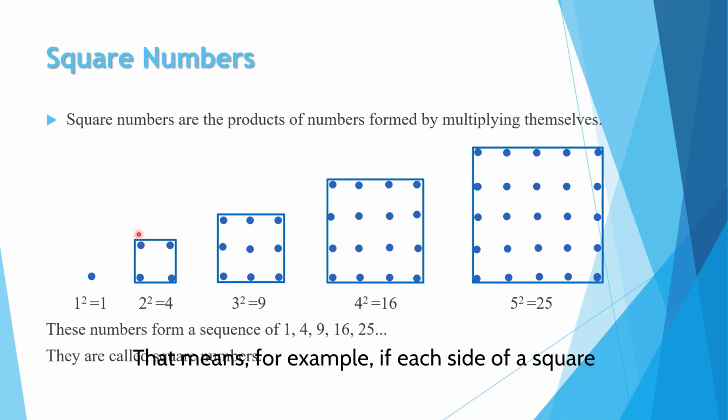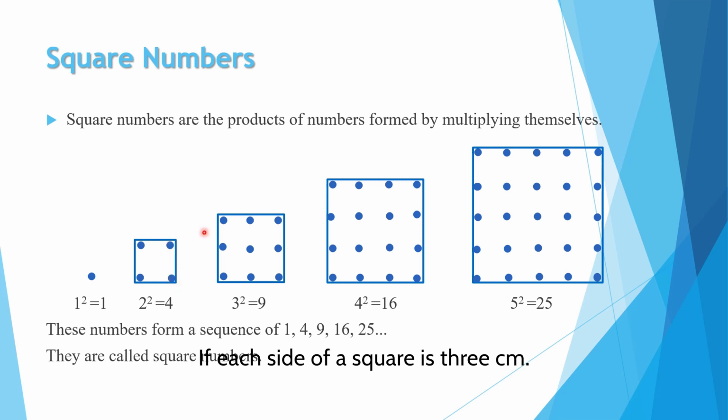That means, for example, if each side of a square is 2 cm, its area is 2 times 2. If each side of a square is 3 cm, the area is 3 times 3. So the area will be 9 cm squared, and so forth.